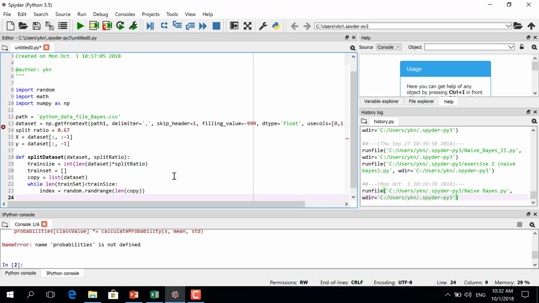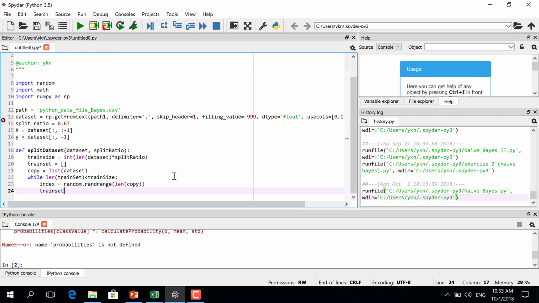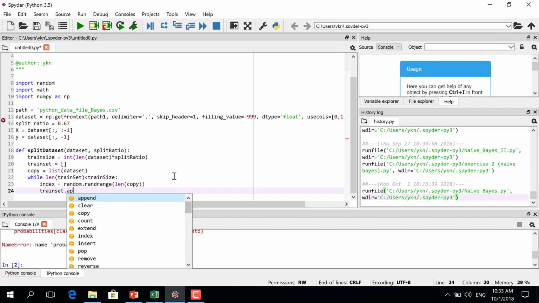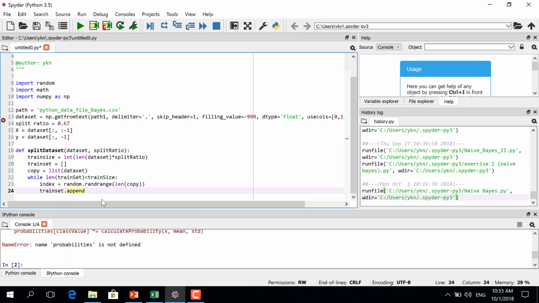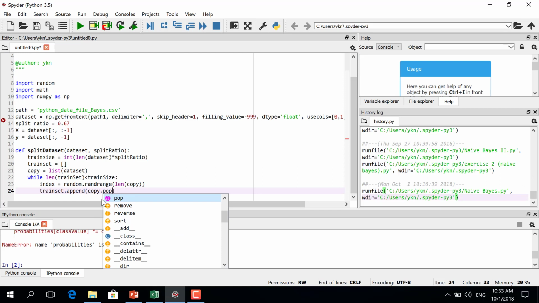Right, and then we have to put train set.append. Yes, append here at the beginning. Then we have to put here copy.pop, population.